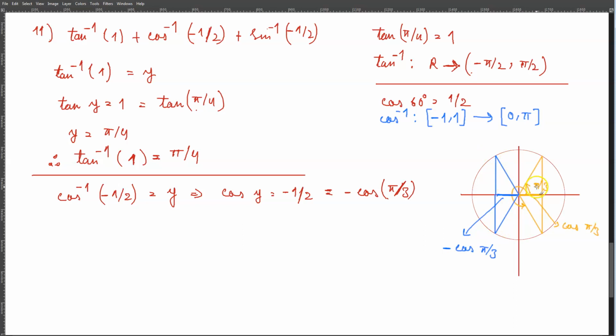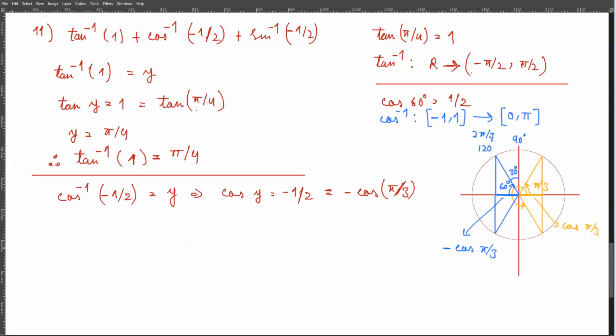This angle is nothing but a 120 degree angle, because you have 90 plus 30, since this angle is 60 degrees, so this one would be 30 degrees, and this is 90 degrees. 90 plus 30 becomes 120 degrees. 120 degrees is the same thing as 2 times 60, which is 2 times pi by 3, which is 2 pi by 3 radians.